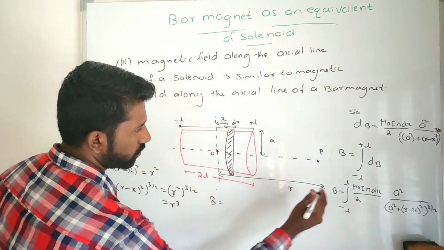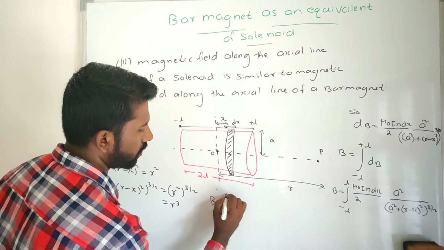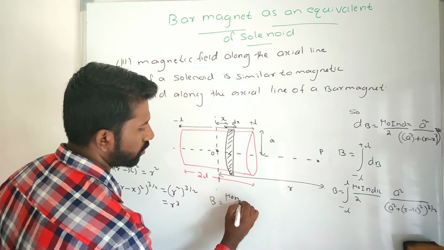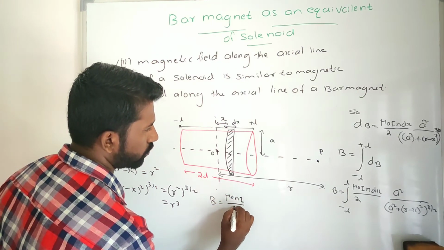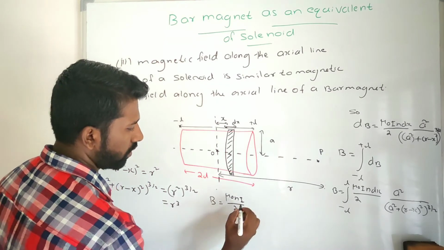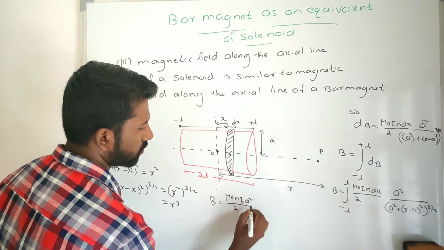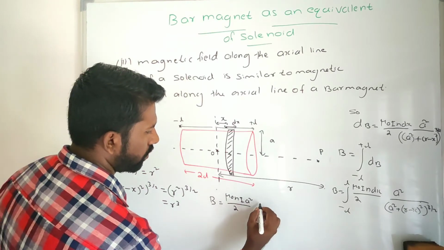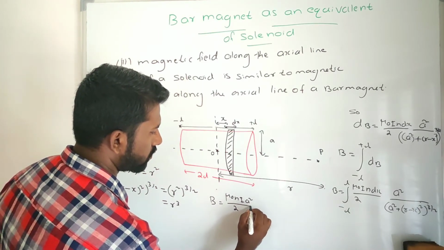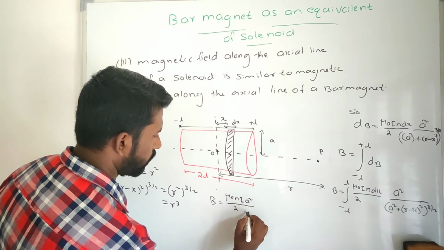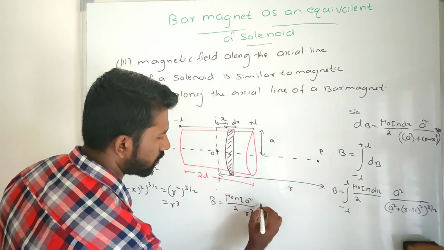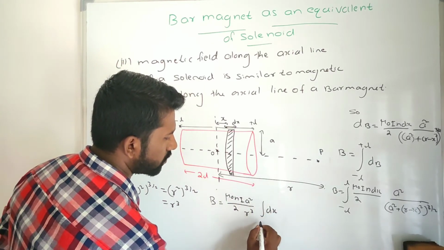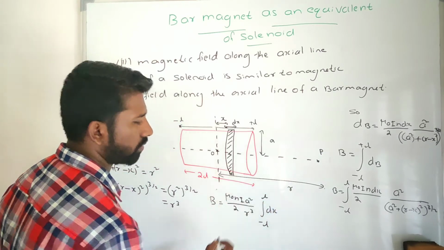B is equal to, the constant we can take outside, that is mu 0 into small n I by 2, and a square is also constant, and r cube also we can take outside. The only integration term is dx, from minus L to L.